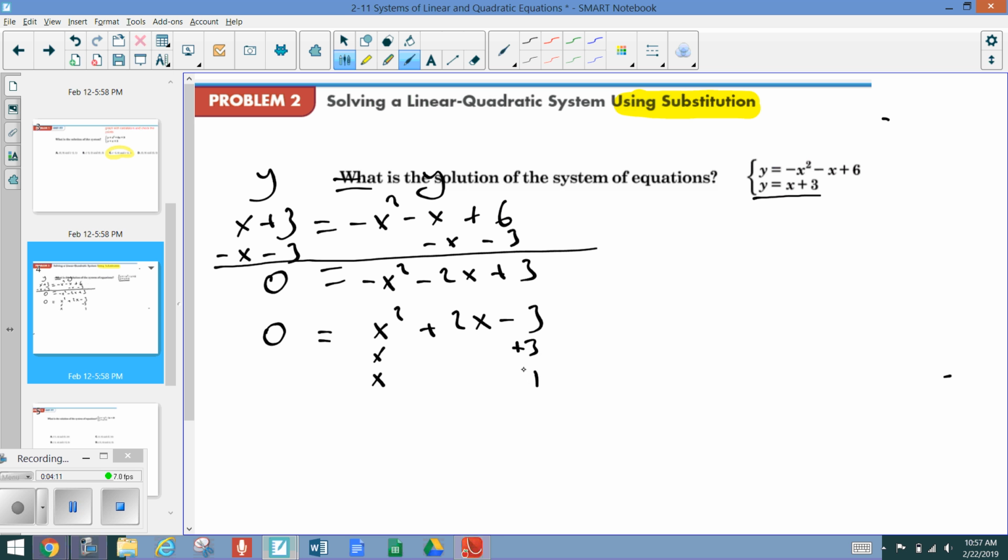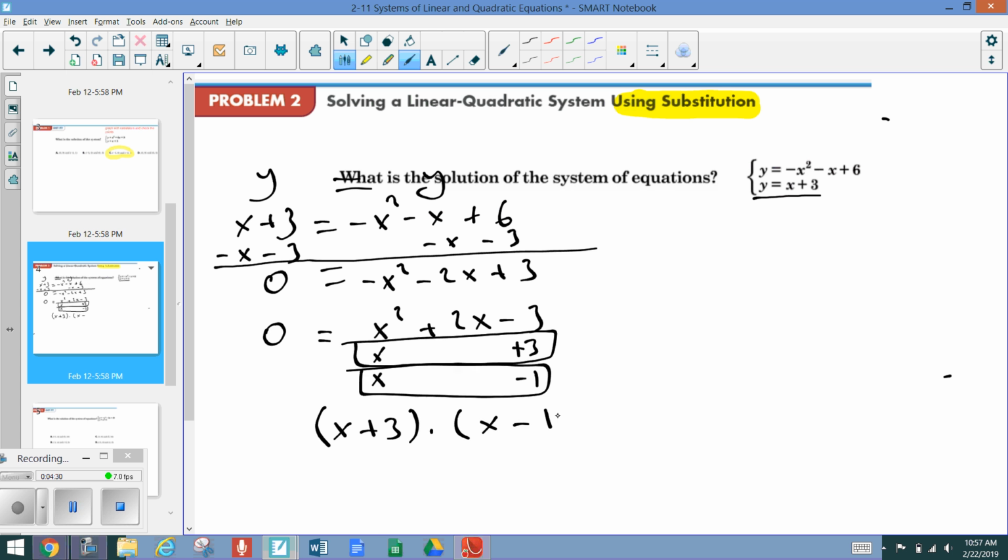Negative and positive make -3. 3 times -1 equals -3, and 3 minus 1 is equal to positive 2. That's right. So the factors are, remember, we're writing straight across: x plus 3 times x minus 1 is equal to 0.